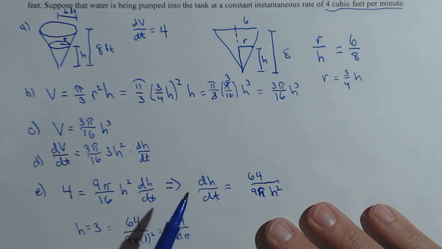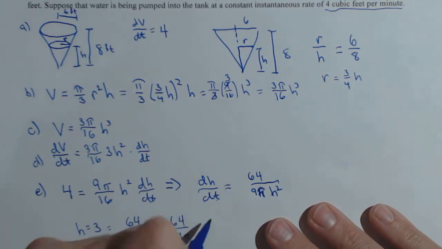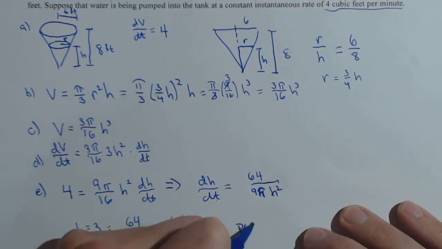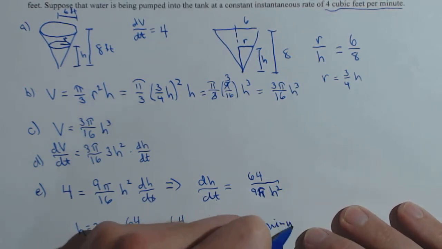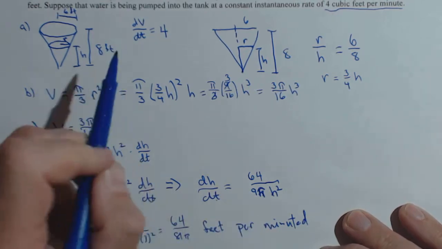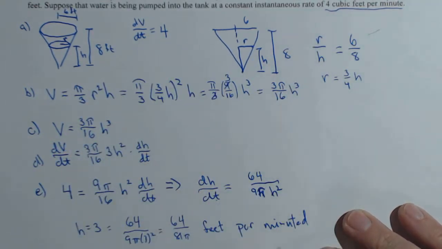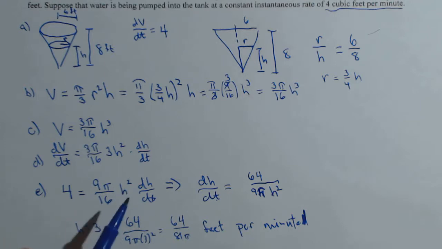And the units on this, because it's height, are going to be feet per minute. Again, we know this because our volume was changing at 4 cubic feet per minute. Now we can go ahead and find the rate that the height is changing for other heights just using what we found right here in part E.